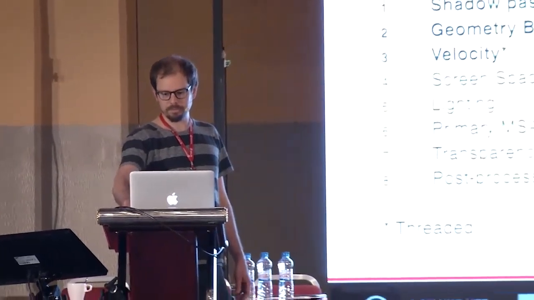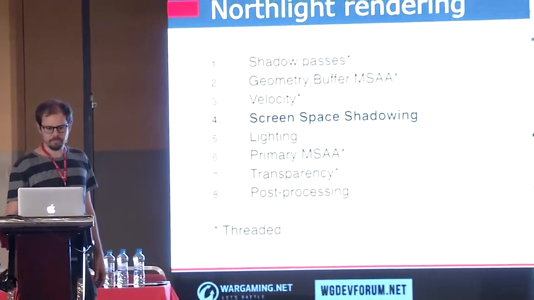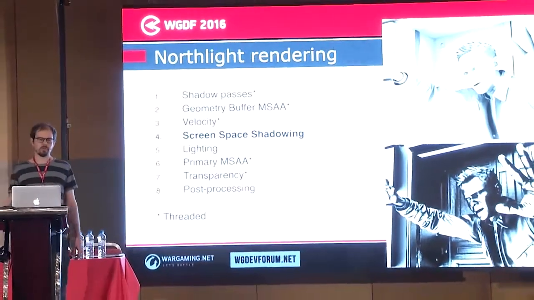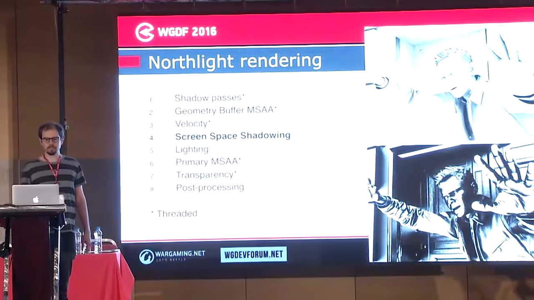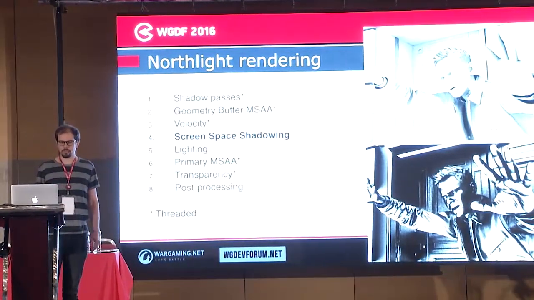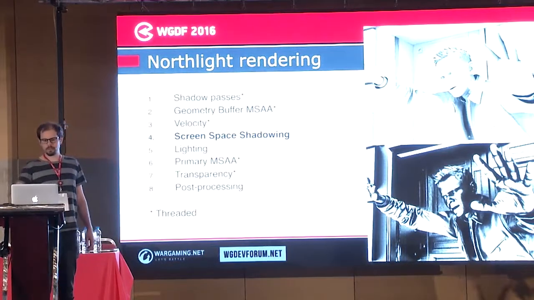The list here shows the order of draw commands we submit into the GPU. The CPU order, as we are doing multi-threading, doesn't match this one, but we do stuff on threads and then pull them back into the main thread and submit. Next up is screen space shadowing. We have occlusion for diffuse lighting, and then specular. Also bent normals and sun shadows get filtered in screen space.